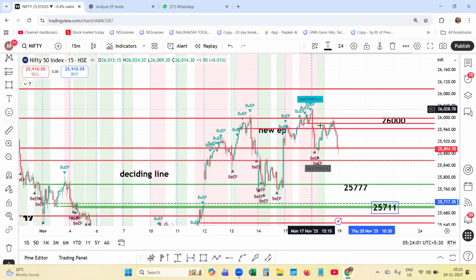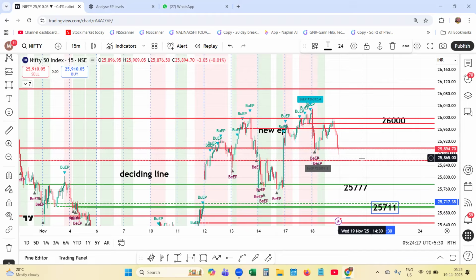Now at present market is coming down and this is the latest EP. 25,777 is the deciding line for us, because market dipped below and taken support and it has gone above. So these are the reference lines for our trade.